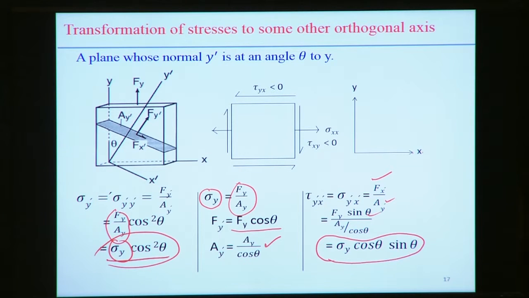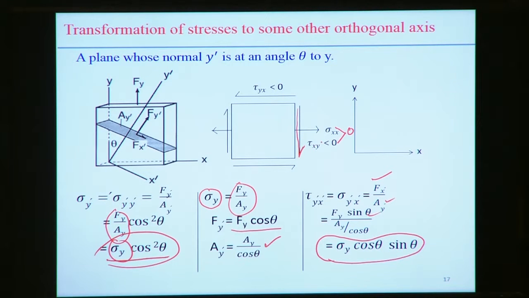If the x and y axes are defined like that, and sigma xx is greater than 0, then we consider this as positive. But if we consider the sign convention for tau xy, in this case it is positive, in this case it is negative.